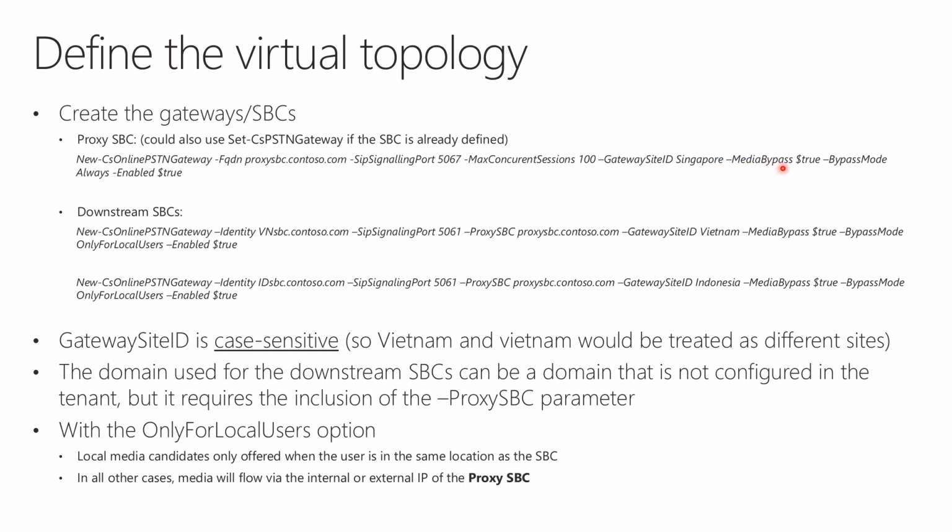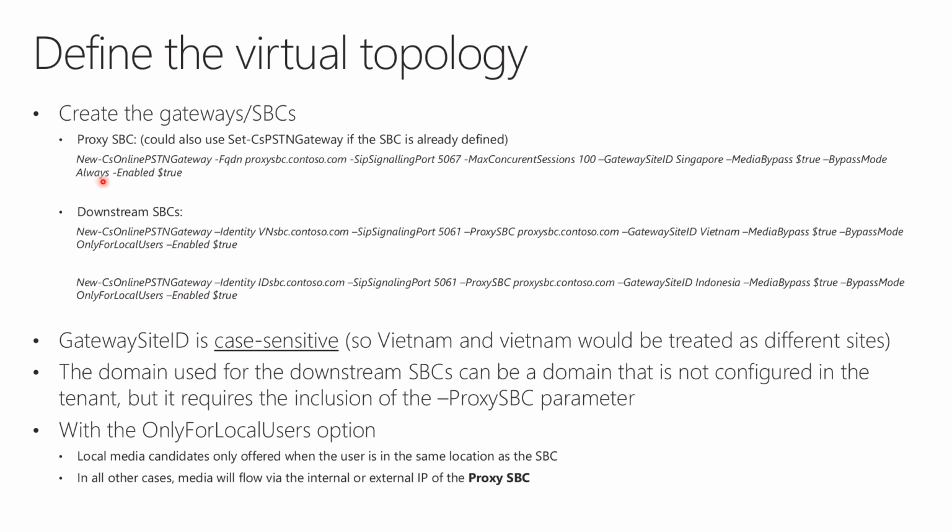The media bypass flag needs to be set to true, right? That's in our planning session. We kind of talked about the on-off switch for media bypass. That's the on-off switch, right? Media bypass is set to true. Dash bypass mode. This is always in this particular example, right? Remember we talked about in our planning session, this could be either always or it could be only for local users. So we've set this guy to always because he has good connectivity.